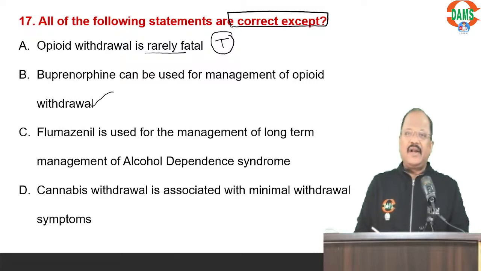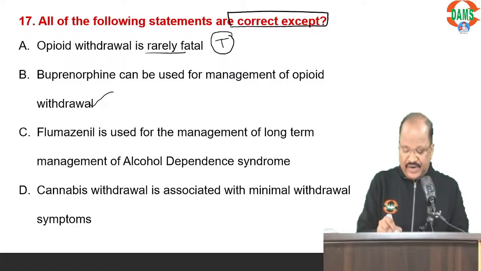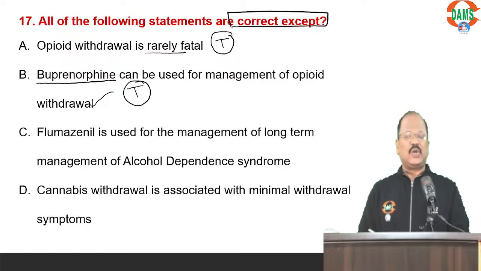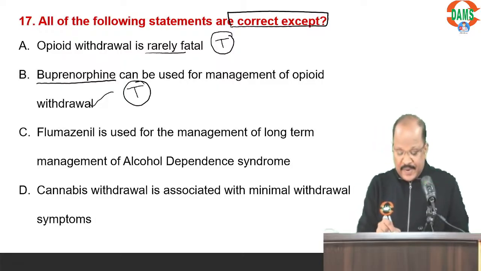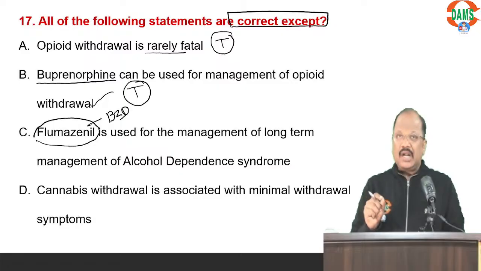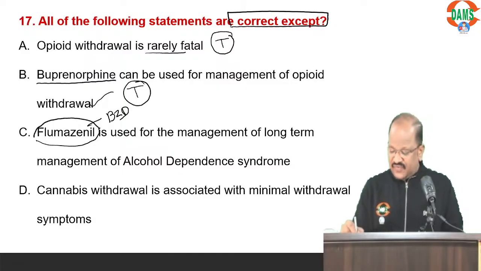Yes, normally for controlling withdrawal we can go for methadone. If not, we can go for this. It's a partial mu agonist and can be useful. So true statement. Flumazenil is useful for long-term management of alcohol dependence. No, no, no. Flumazenil is an antidote for benzodiazepine. It is not for managing alcohol dependence syndrome. So it's a false statement.